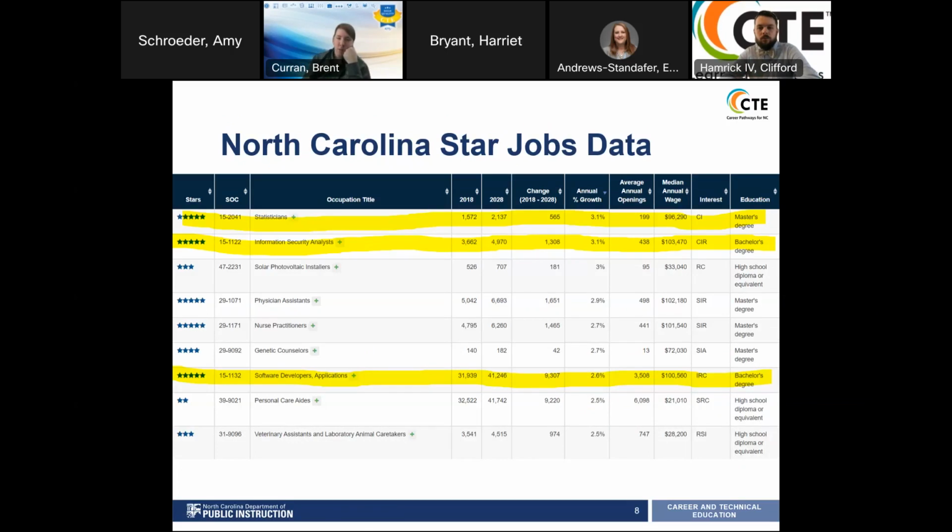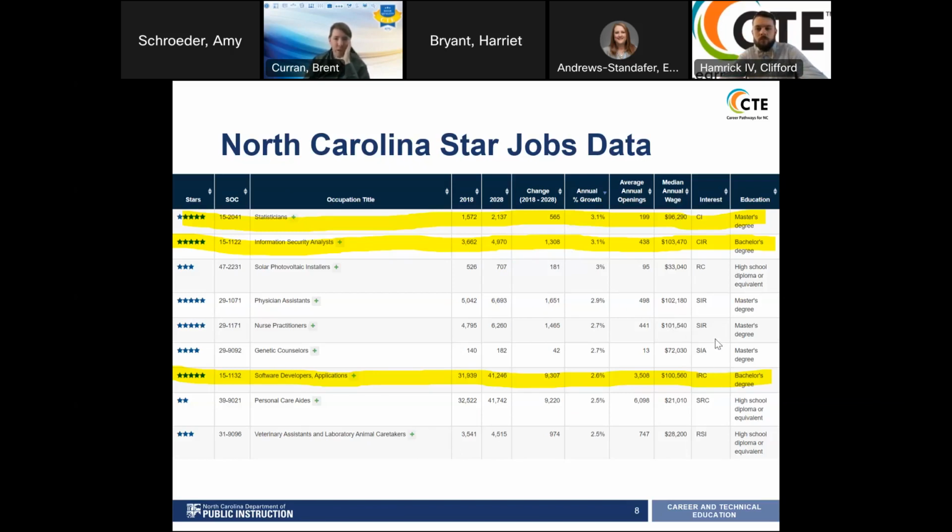But I've highlighted some of the careers that our pathway covers, from statisticians to information security analysts, software developers, and applications. These are some of the top careers that students in these pathways will have the opportunity to pursue in the future.